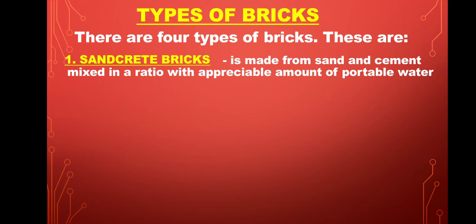Sandcrete bricks, it is made from sand and cement, mixed in a ratio with an appreciable amount of potable water. So Sandcrete brick, which is our first type of brick, is said to be the most common type of brick, which is mostly found out there, simply because the material used in making it is very common here.